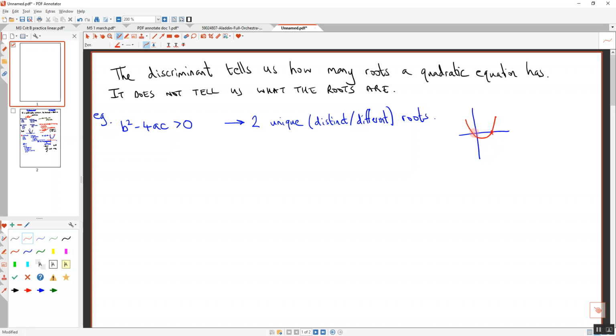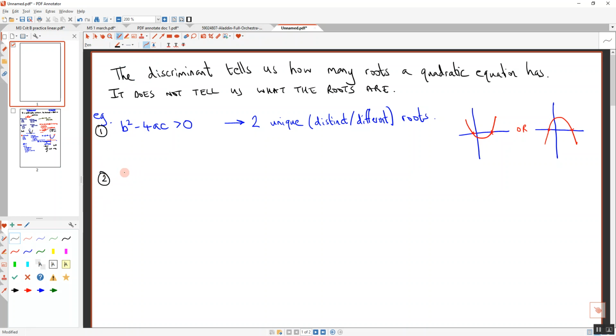Okay, we've got one root there, one root there, or don't overlook the other case where it could be like here or here. Okay? 2 distinct roots.